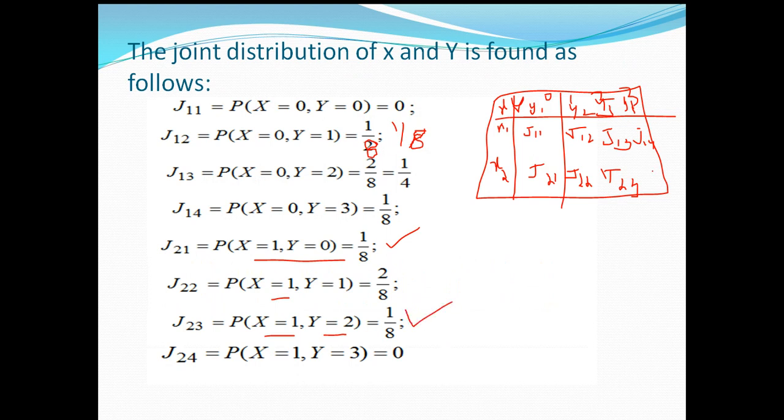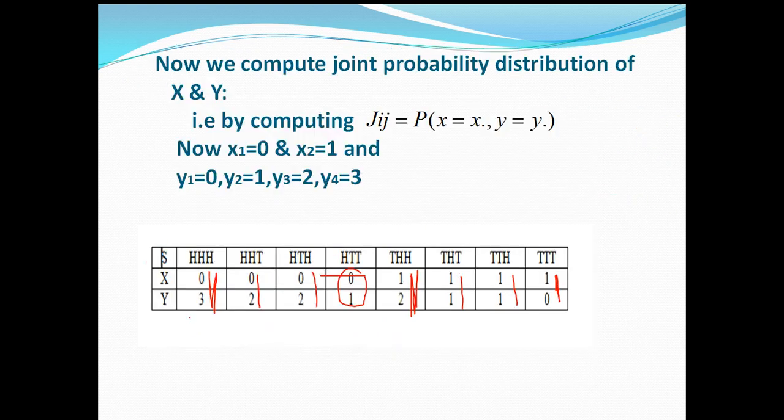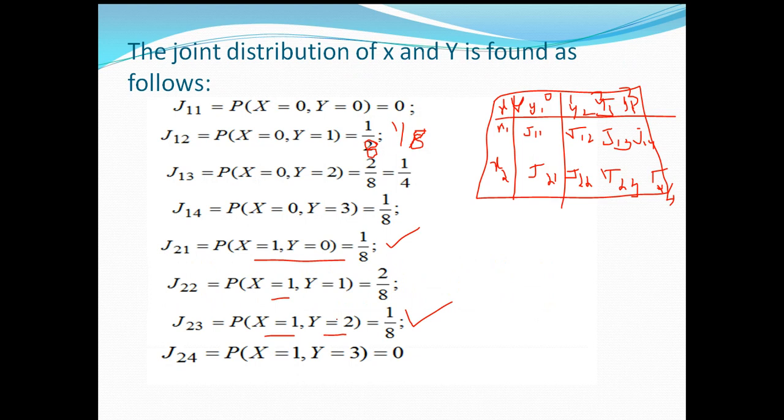Next last value is j24. This is j24. X takes the same value, whereas y takes the next value, that is 3. X is equal to 1, y is equal to 3. I'll move to the sample space. X is equal to 1 and y is equal to 3. There is no possibility of that case, so therefore the probability is 0.